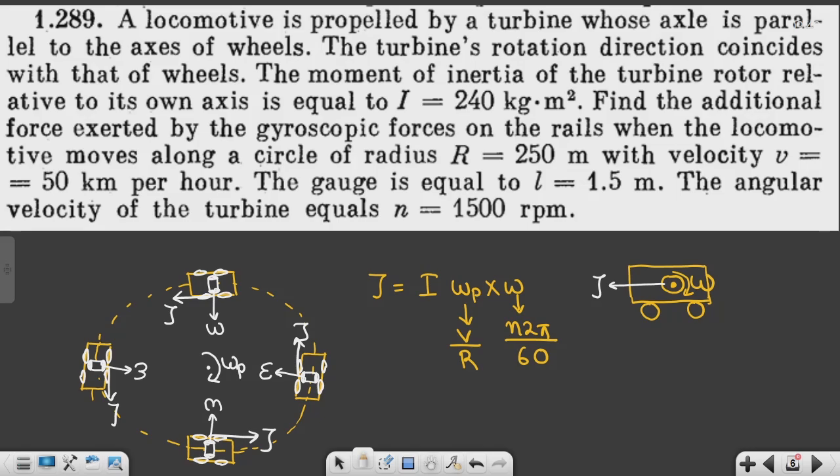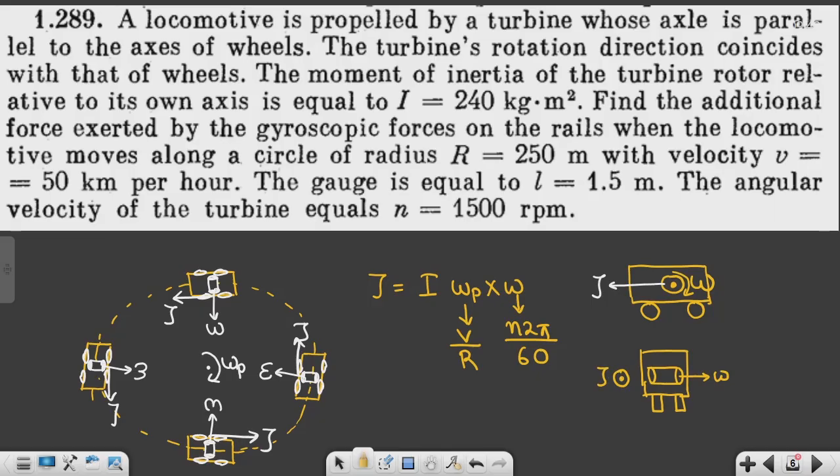Now if I draw the diagram of the railroad from behind, just imagine a bus. This was the turbine. The angular velocity was in this direction. Now torque is towards you.